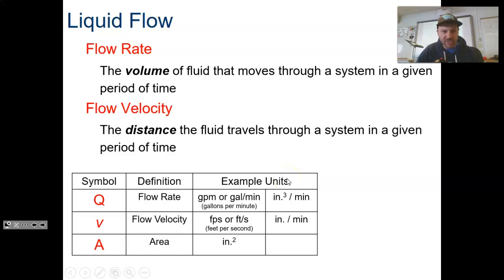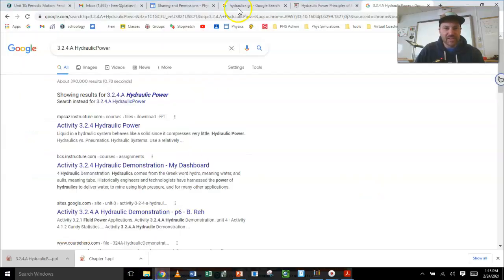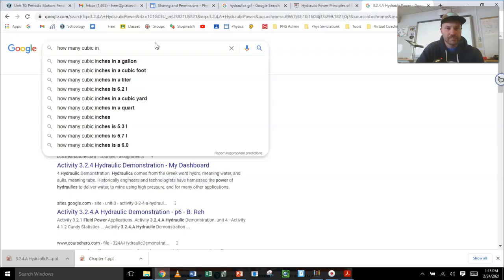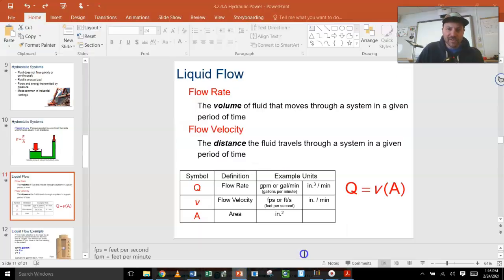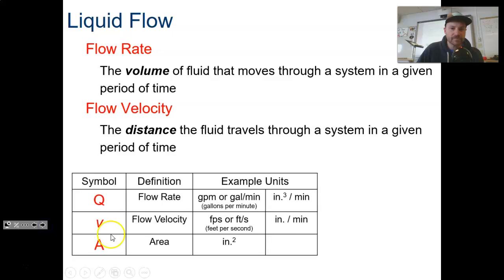And I think if we just Google how many cubic inches are in a gallon, there you go, it's the first one that pops up. 231. So there's 231 cubic inches inside of a gallon. We may have to use that. V represents the velocity, how fast it's flowing in feet per second. And then A equals area.